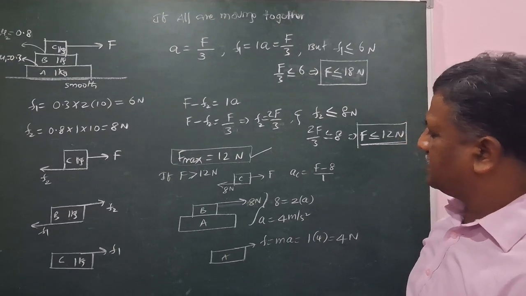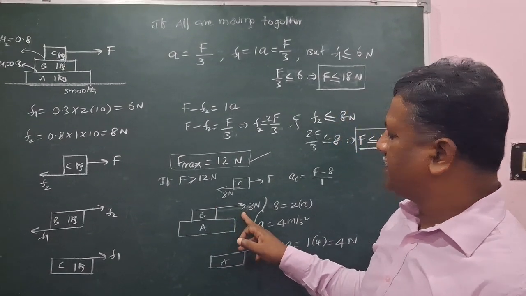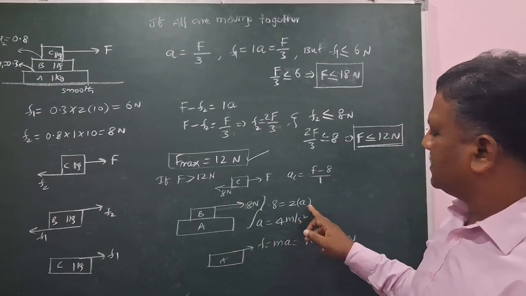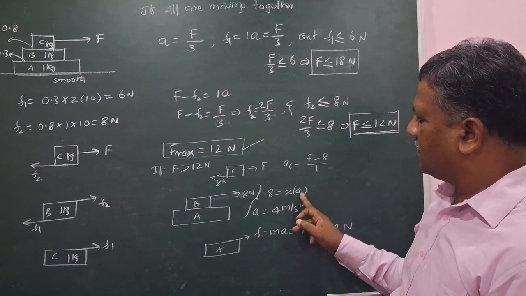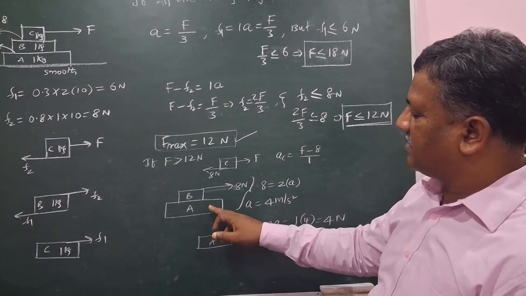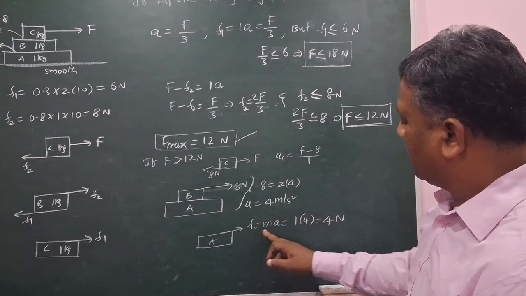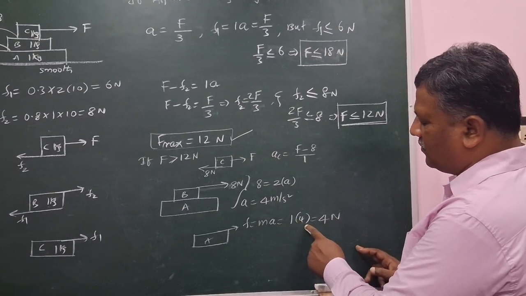Now in this case, the frictional force between B and C is 8, and here 8 is the resultant force for the two blocks, that is 2A. By the application of this friction, the maximum friction between A and B is F = MA, and with mass 1 the acceleration is 4.